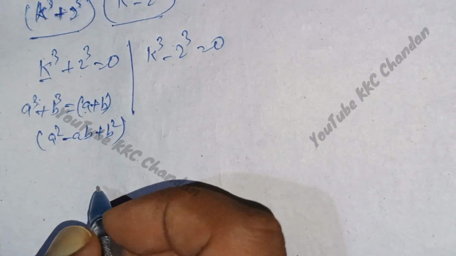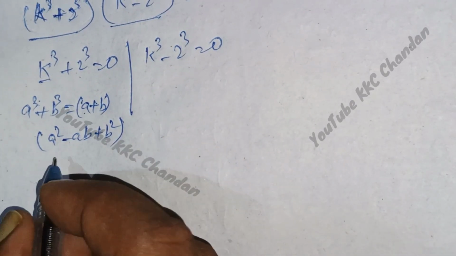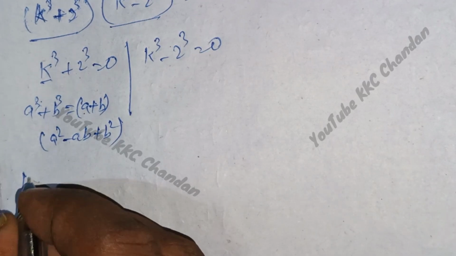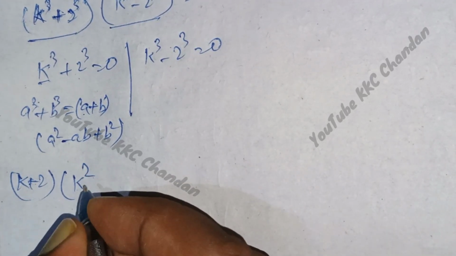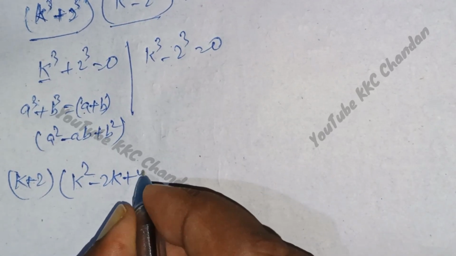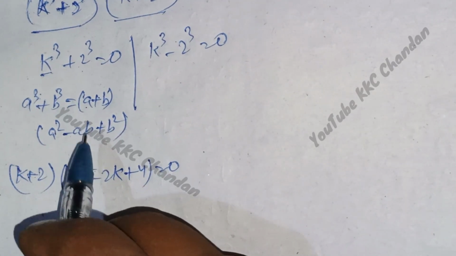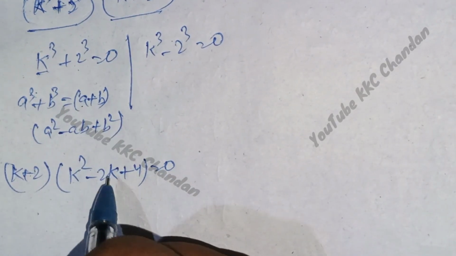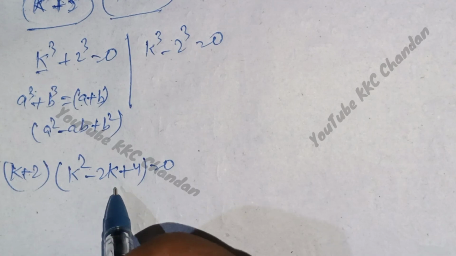So applying it here, (k plus 2) into (k square minus 2k plus 4) is equal to 0. Here a means k, b means 2, so we write minus 2k.